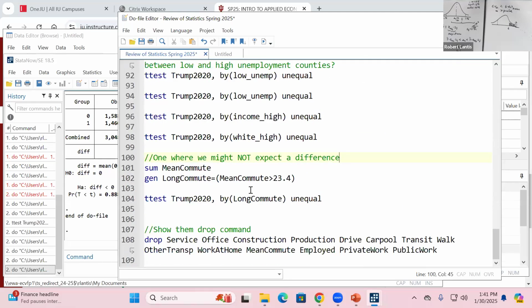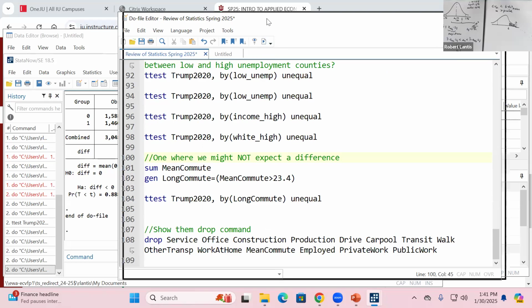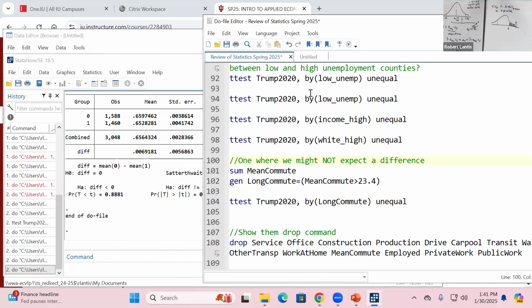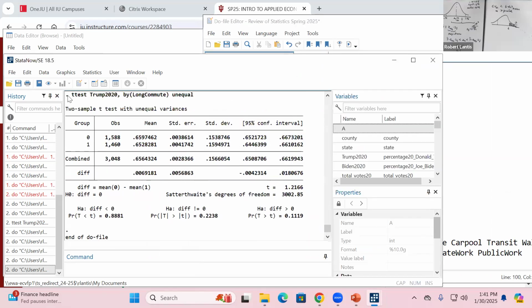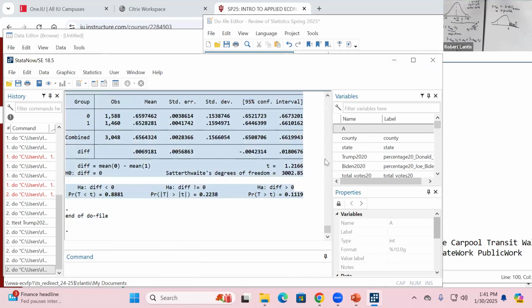Yeah. I think you just said this, but just to make sure, we can just add comments on. Yeah, you don't have to do a separate Word document if you don't want to. In fact, sometimes for these first assignments, and you don't have to do this, let's say I asked you whether or not there was a difference between counties with long versus short commutes and the proportion that vote for Trump. I don't want you to copy and paste the output into a Word document.